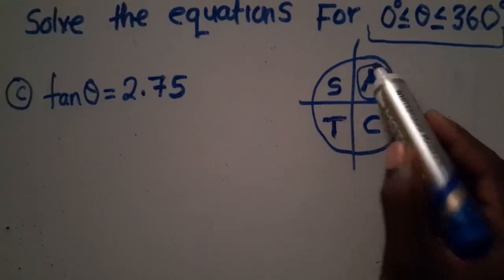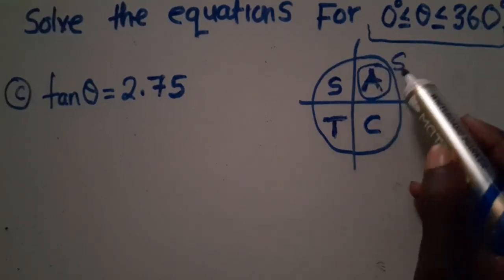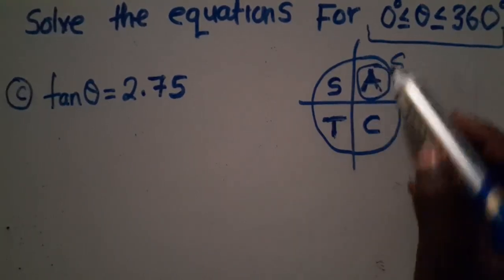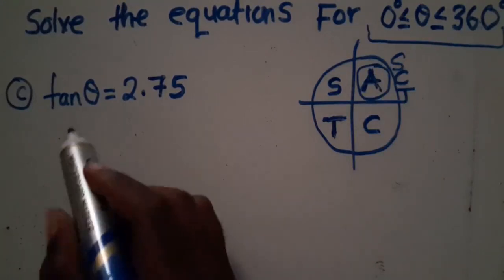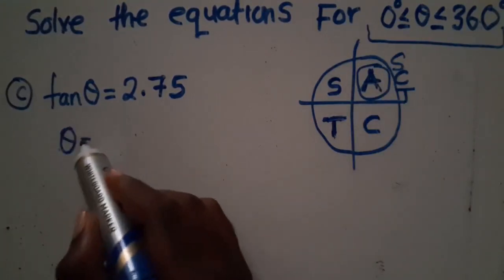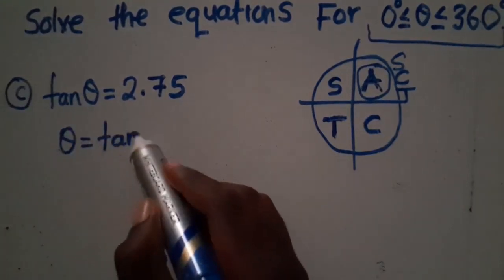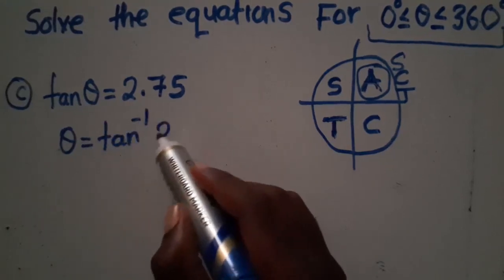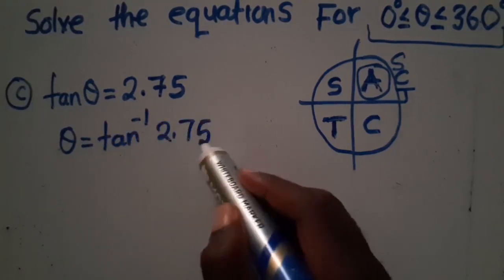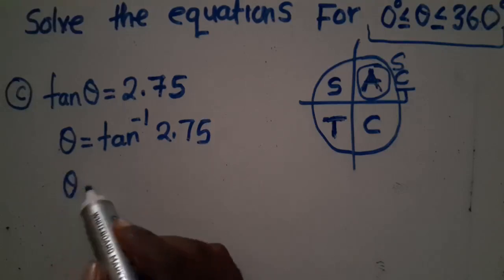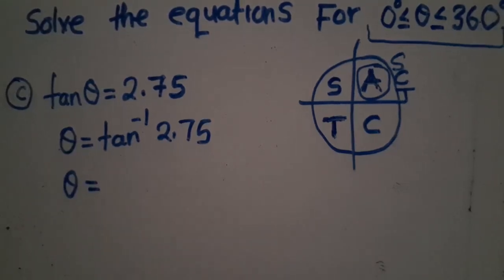The first quadrant is for everything: sine, cosine, and tan. So here we are going to have theta is equal to tan inverse of 2.75. So we say theta is now equal to, what answer are we getting there?